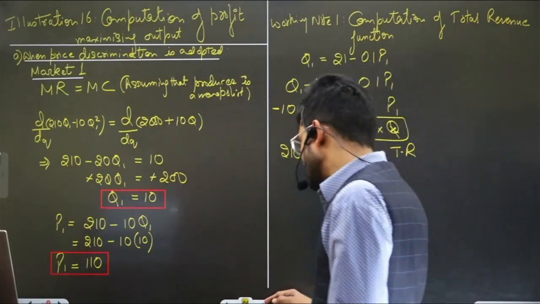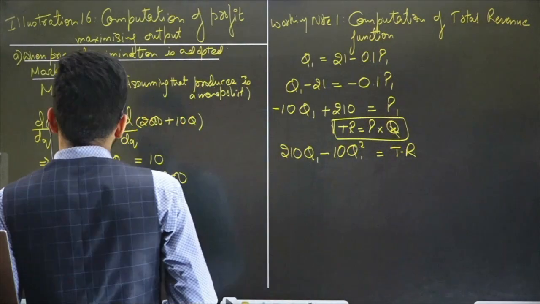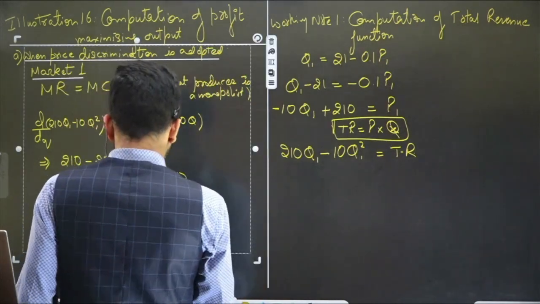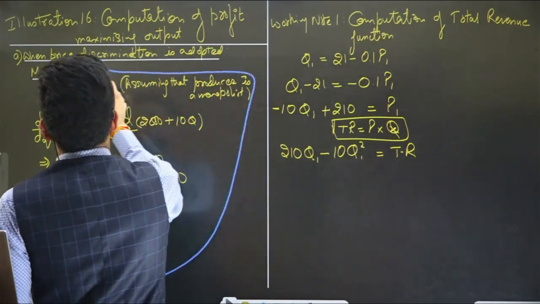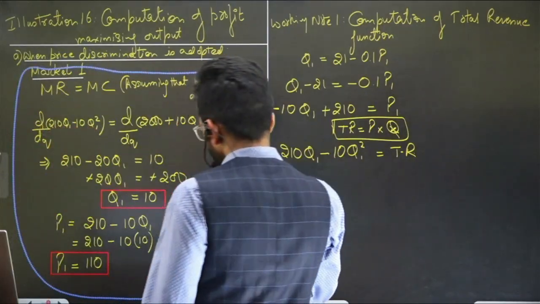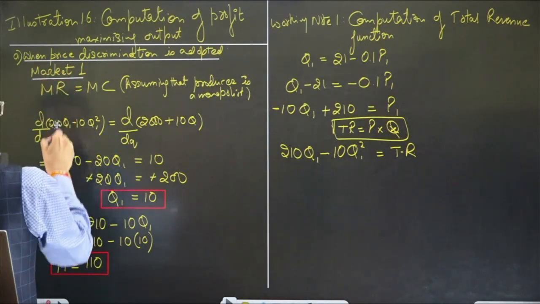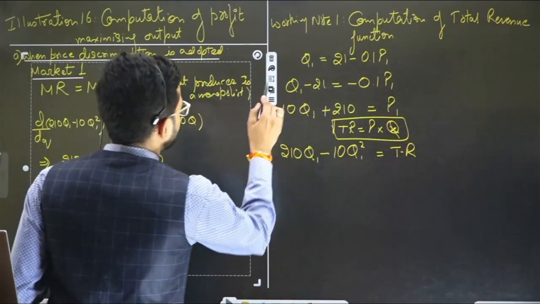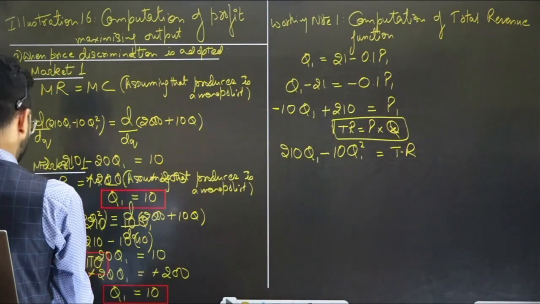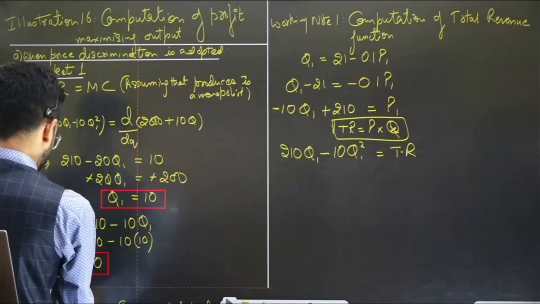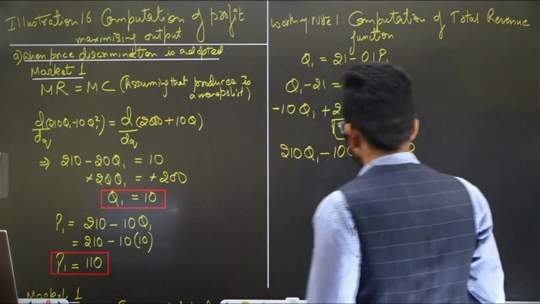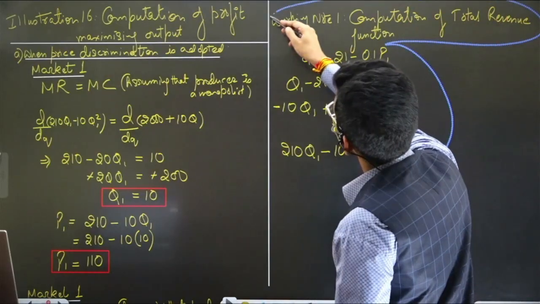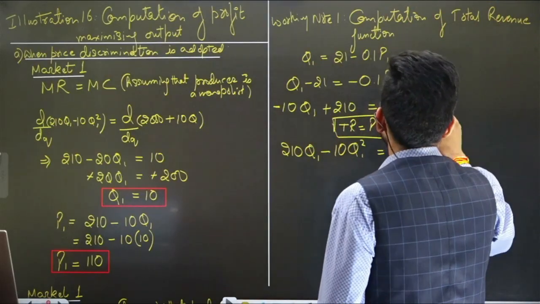Now let us compute the same thing for market 2. I'll use the same format, guys. Same format and same working note will be used for market 2. Working note number 2 will be created for market 2.